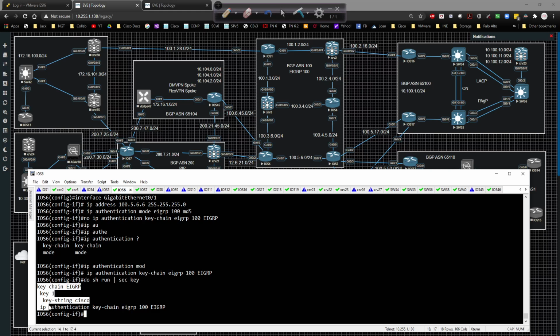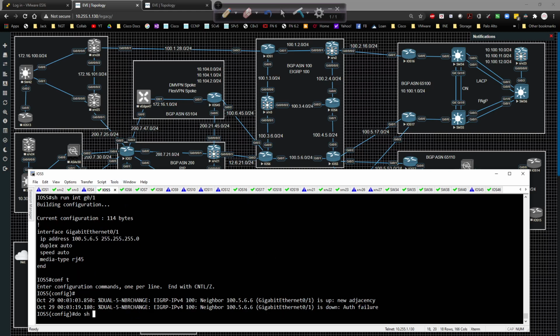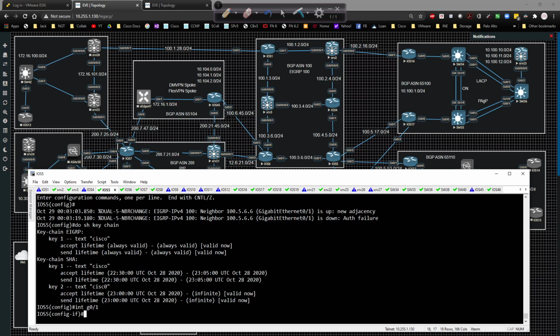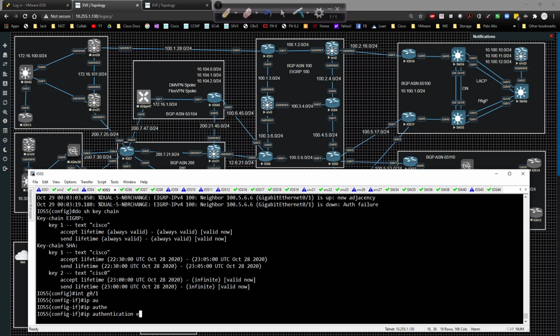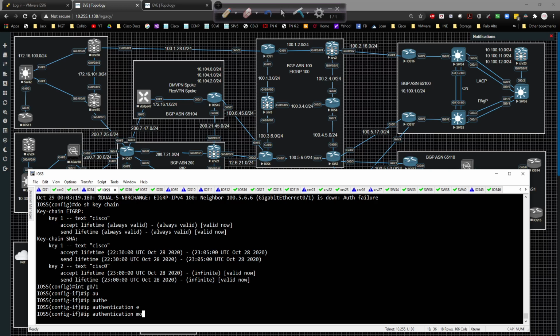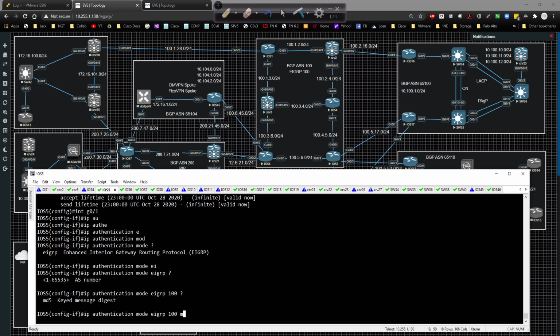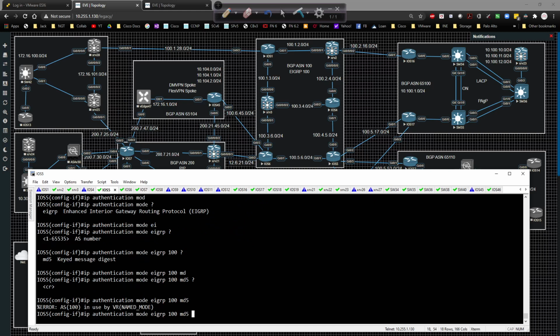Grab that guy right there. Go over to router 5. Do show key chain. We have the keys there, and then we'll type in interface gig 0/1 IP authentication EIGRP, or mode will be EIGRP 100 MD5, and then, oh that's right, it's named mode.